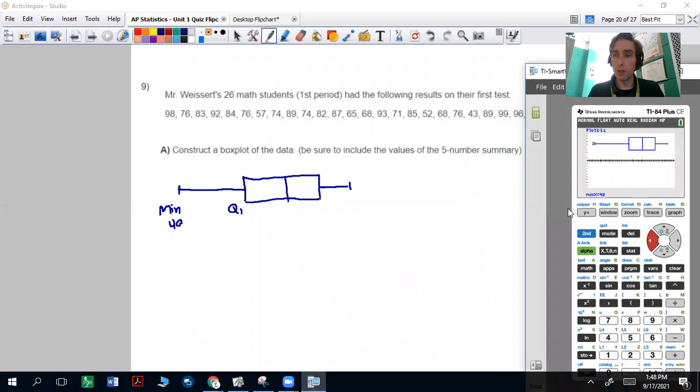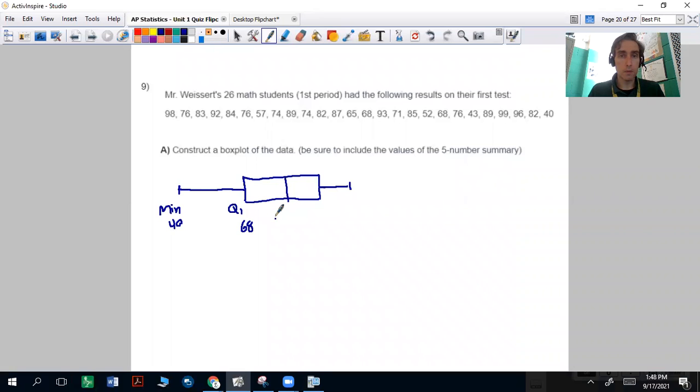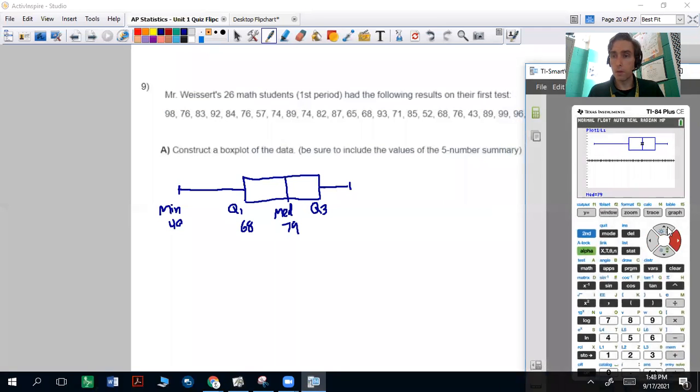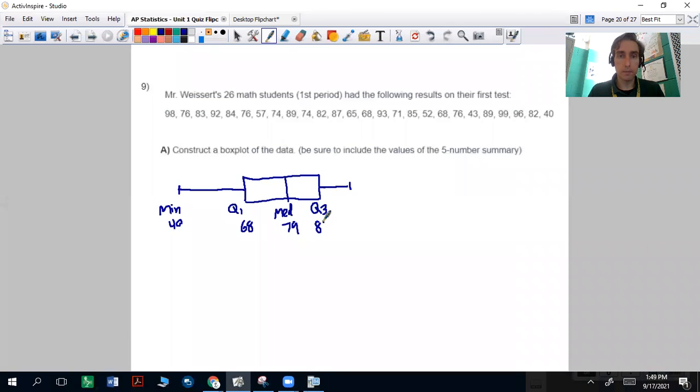Q1 being 68, 79. Q3, 89 and 99. Those 5 numbers are your 5-number summary.